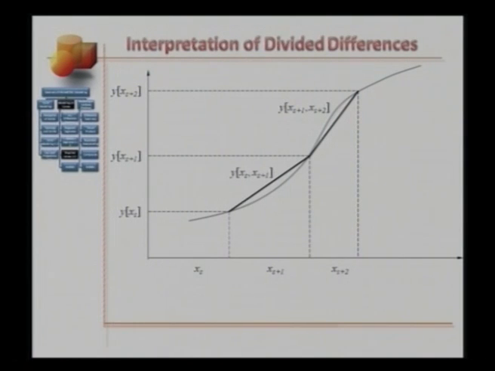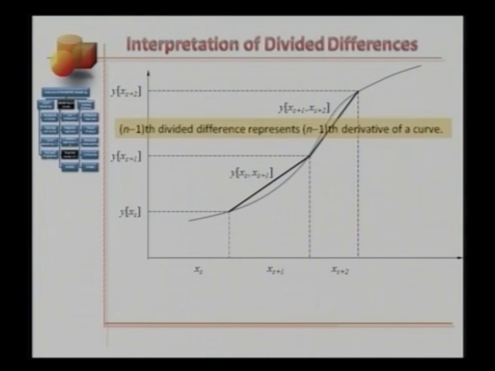How about the second divided difference? The second divided difference will correspond to y of xs plus 1, xs plus 2 minus y of xs, xs plus 1 divided by xs plus 2 minus xs. This would locally represent the second derivative of the curve.